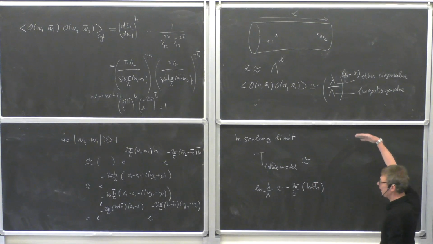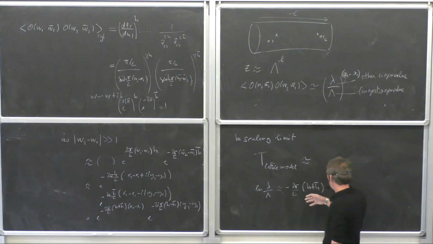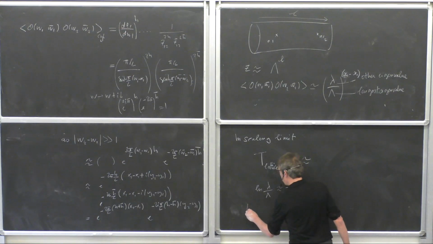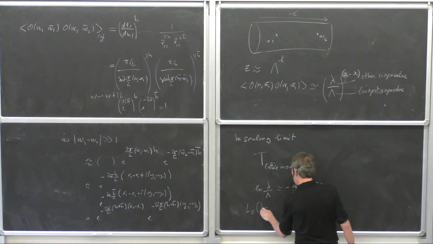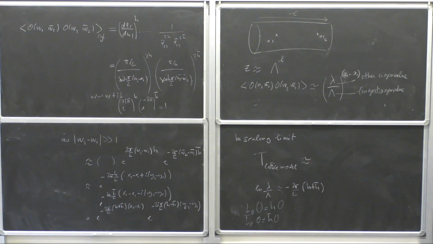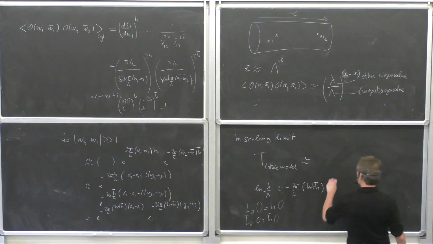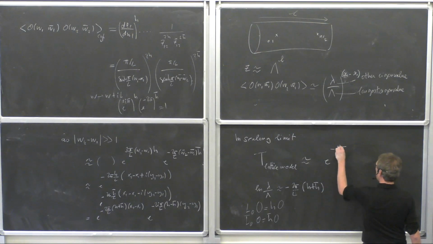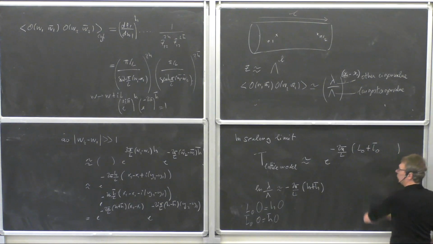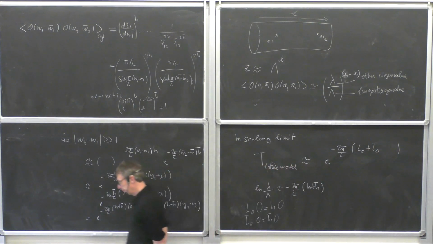So in fact, the spectrum of the transfer matrix in the scaling limit should be determined essentially by h and h bar. Something I forgot to say is that h and h bar can be nicely characterized by saying that the eigenvalue of the operator L0 on O is equal to h times O. So in the end, the transfer matrix is something like L0 plus L0 bar, up to a small subtlety.